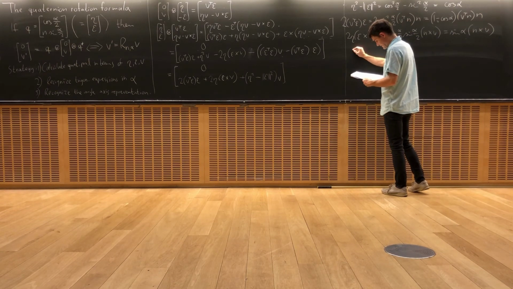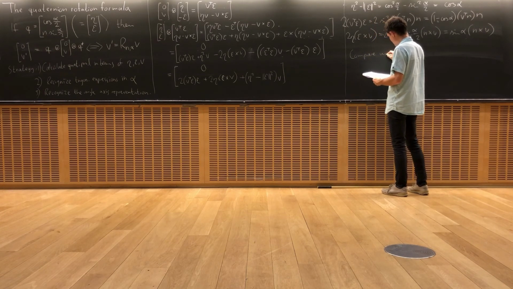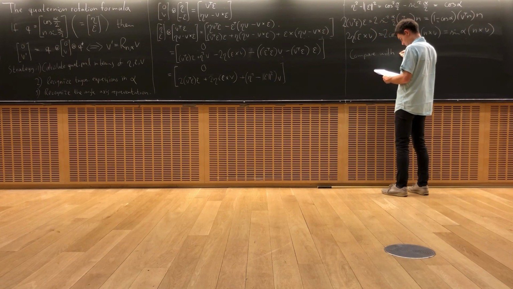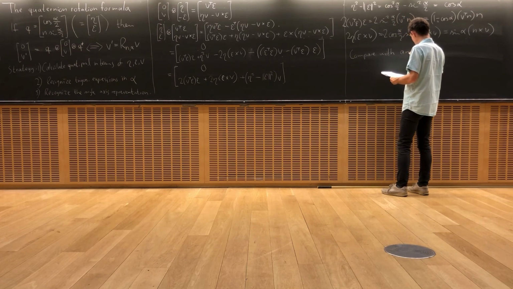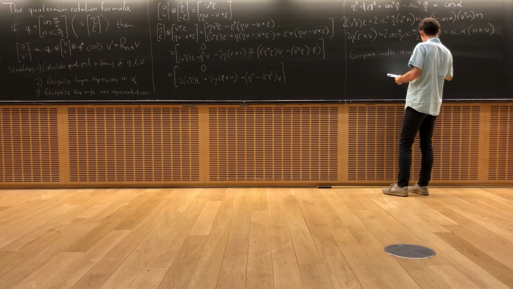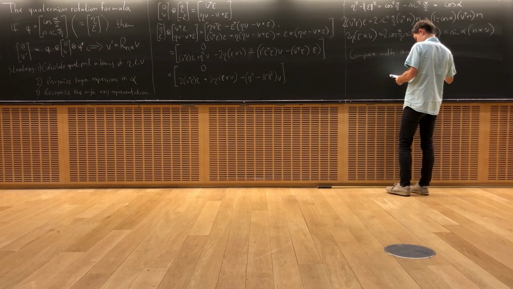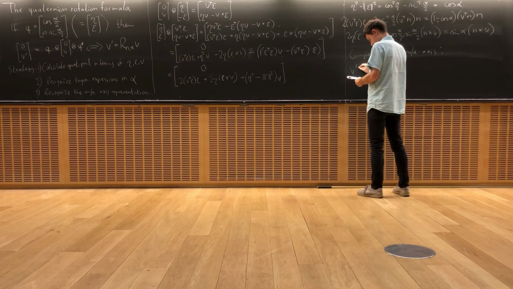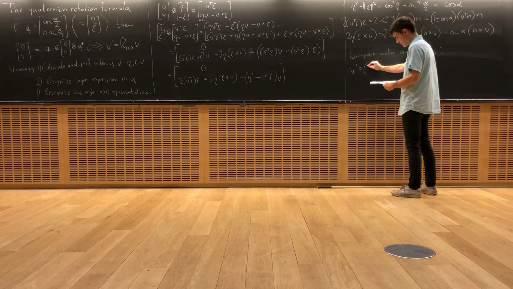Then I look at my axis angle formula. So if I have the formula again, you have the rotated vector v.